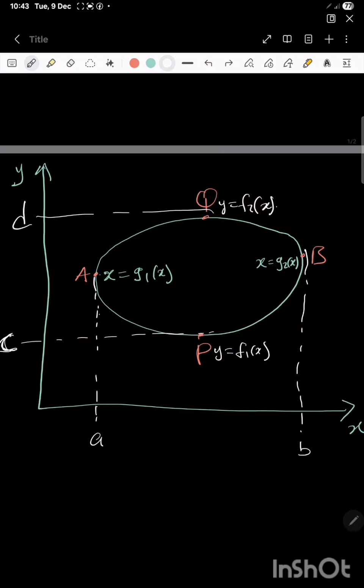Now, when proving Green's theorem, you are trying to look at how you can complete the revolution by moving from one point to the other and back to the initial point.